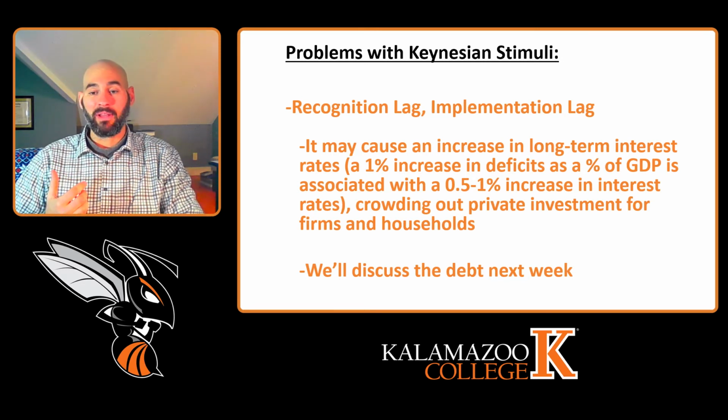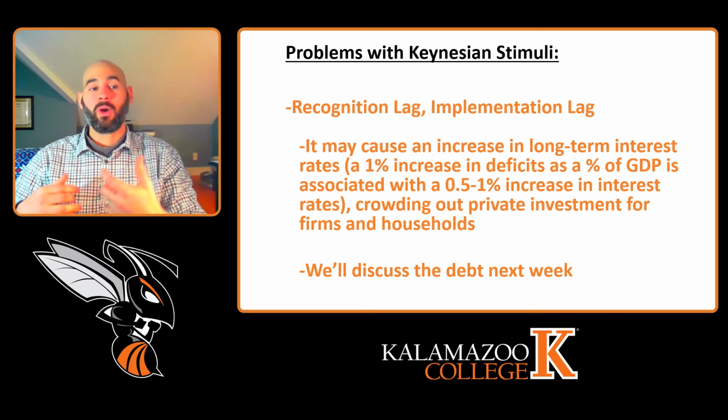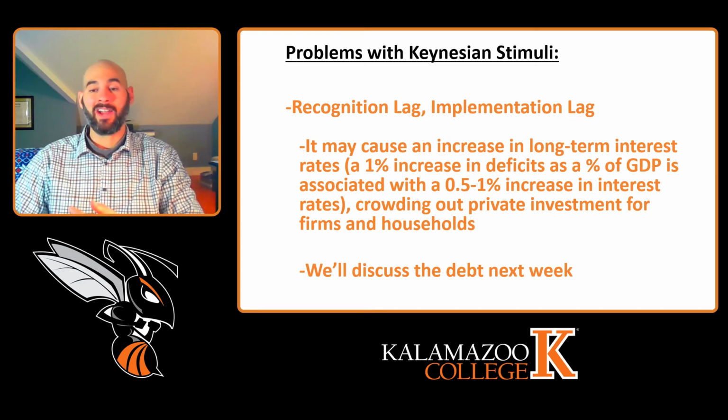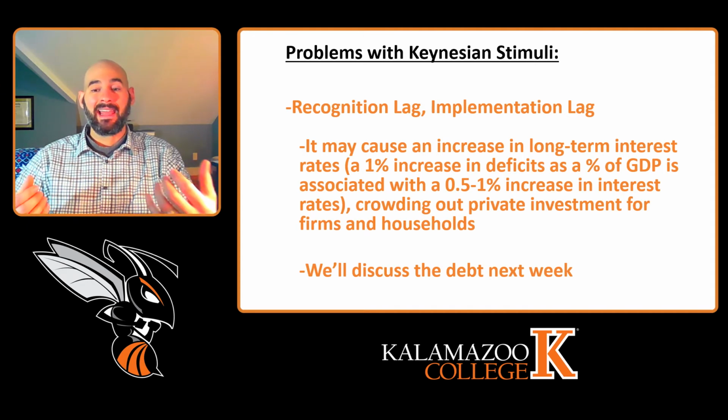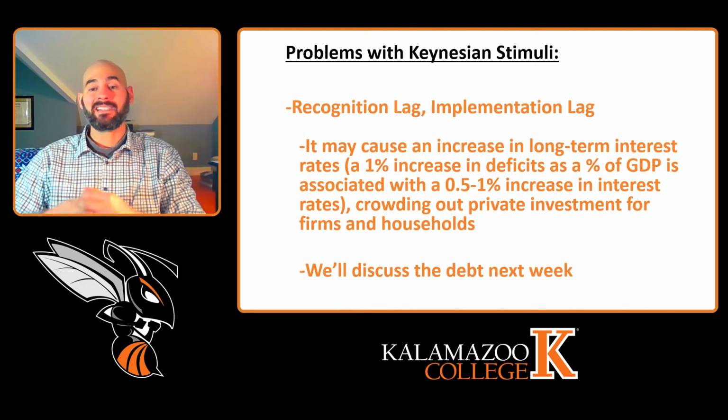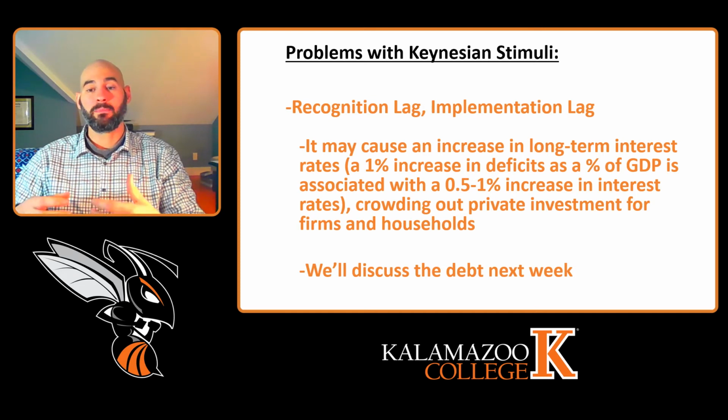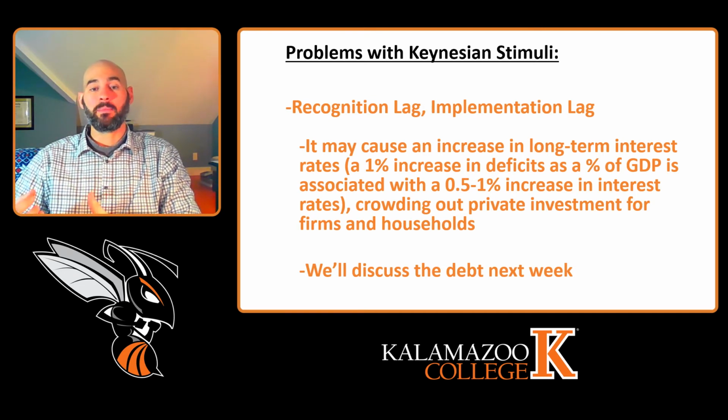There's going to be maybe an application period, some bureaucratic period where it's going to take a while for the government to disperse the refund checks, the stimulus checks. If there's a policy such as cash for clunkers, people aren't going to be able to immediately sell their car for $3,500. They may need to drive it a little bit longer until they have enough money to pay for the balance on a new car, and that's going to be our implementation lag, the time that it takes after a policy is put in place, but before the money gets into the hands of the people.